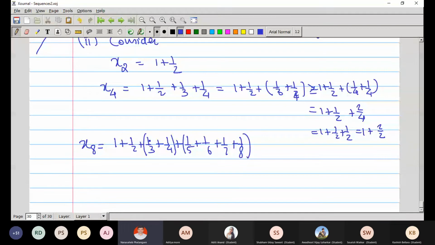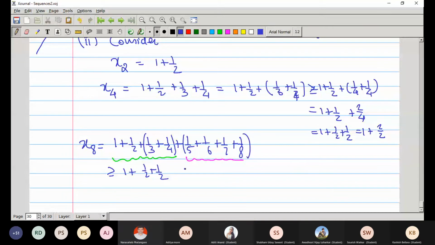Up to this, no problem, we have already calculated. And after this, the pink and green, you understand? Up to 1 by 4, this amount is greater than 1 plus 1 by 2 plus 1 by 2, correct?